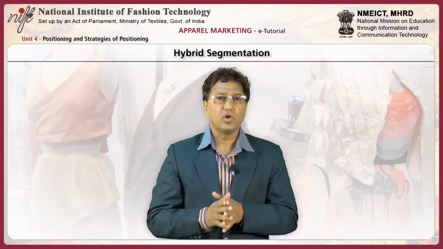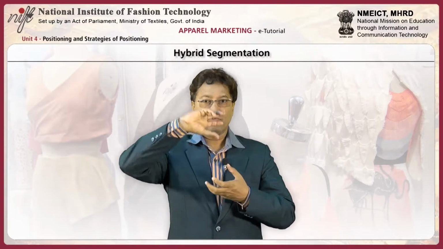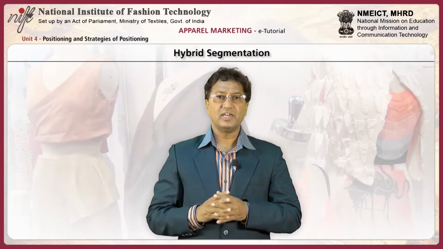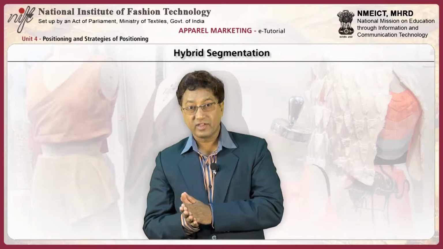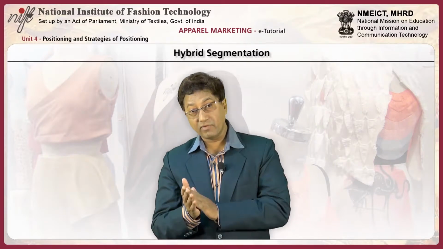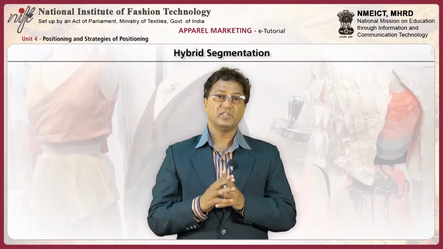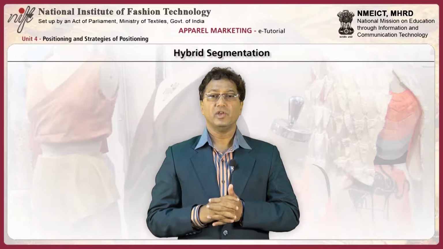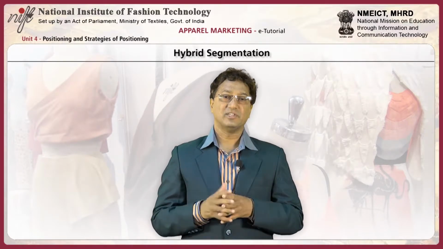Sometimes they may have to go with hybrid segmentation, that is like mixing the four bases what we have studied, that is demo-geographic, demo-psychographic or geo-demographic, etc. So this is what is called as hybrid segmentation. That also can be used by the marketers to identify the segments.